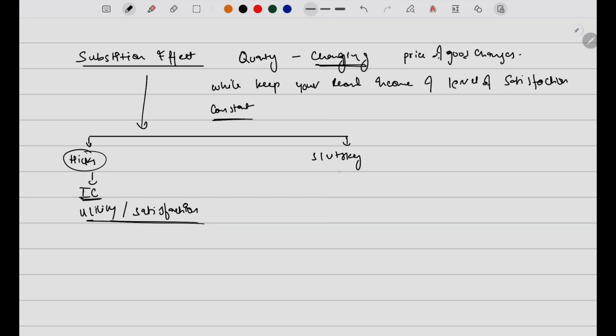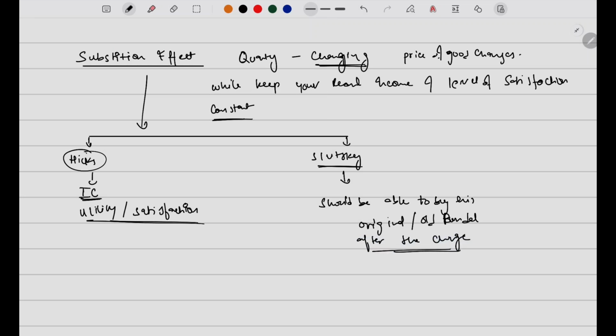On the other hand, what Slutsky said was that the person should be able to buy his original, old bundle after the change.